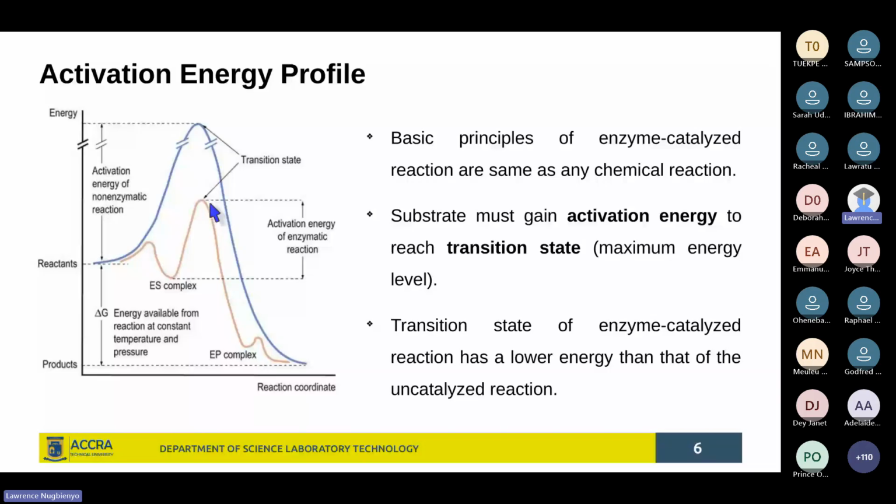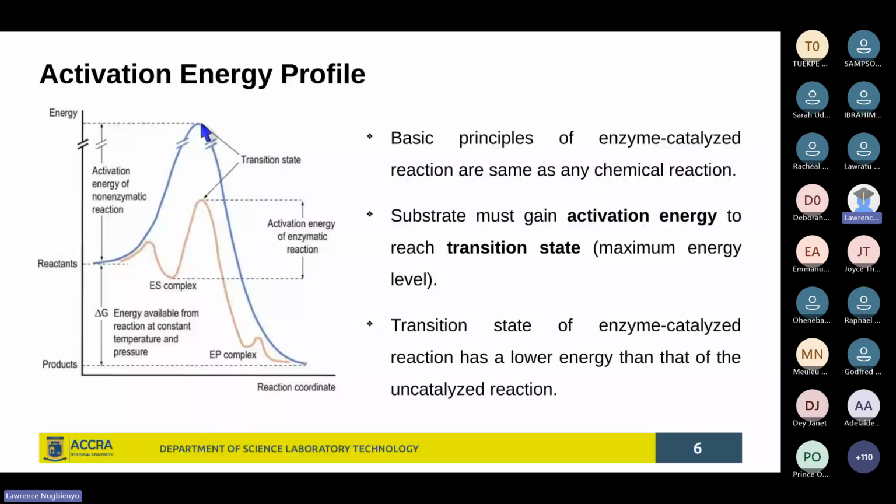Now, what you notice is that the enzyme comes in to reduce the activation energy which is required for the reactants to move to a transition state. So you see the transition state for the non-catalyzed reaction is high. More energy is needed to move these reactants to a transition state before they react to form the product.